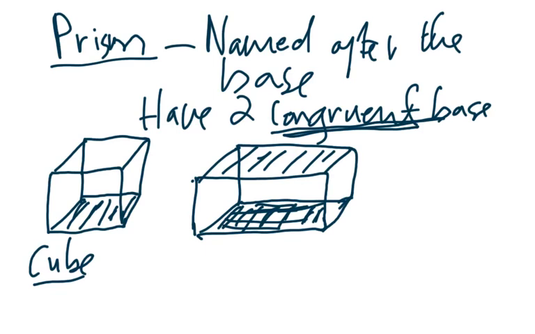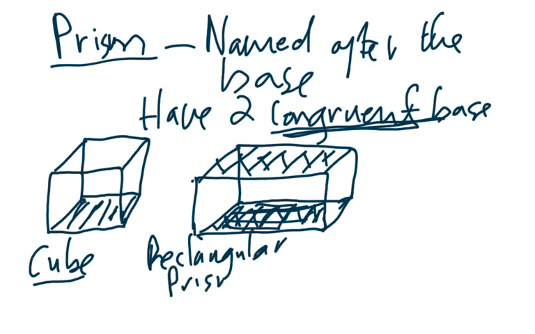And also rectangular in feature. So this would be a rectangular prism. Rectangular prism. Why? Because the base is a rectangle.